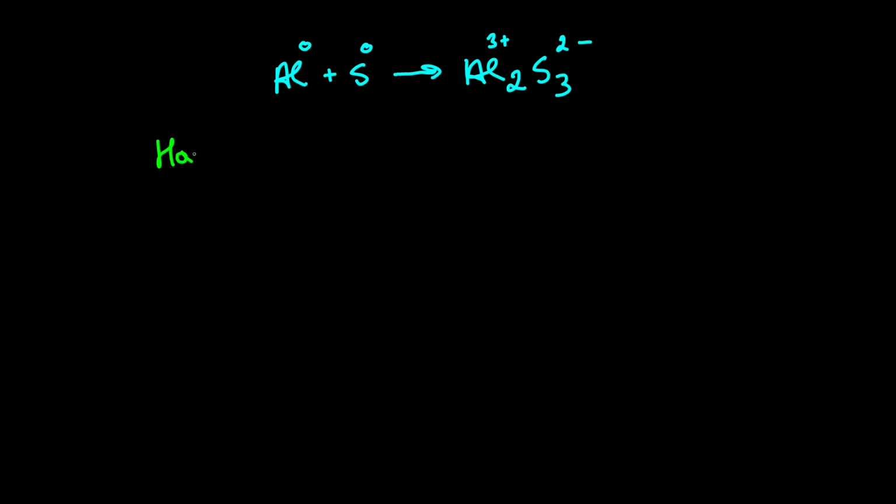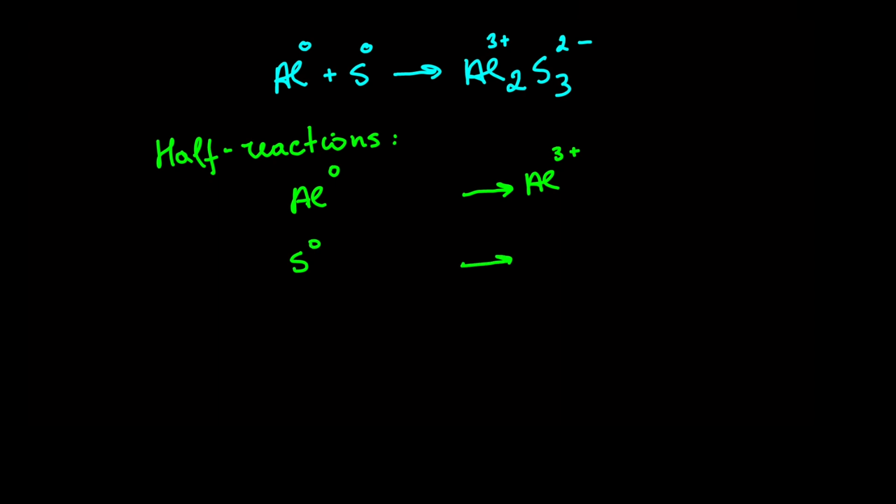The next step is to write half reactions. In oxidation reduction reactions, electrons are transferred from one compound to another, and that is what we show in the half reactions. Because aluminum lost electrons, it became aluminum 3 plus cation, and pure sulfur became sulfide anion, and that's what we write in a half reaction.